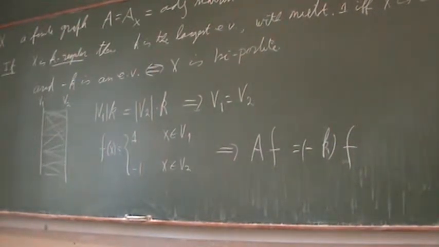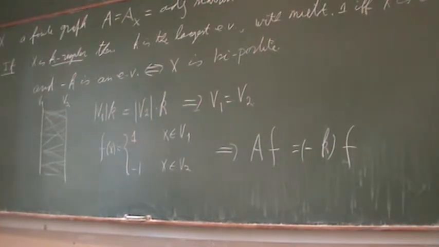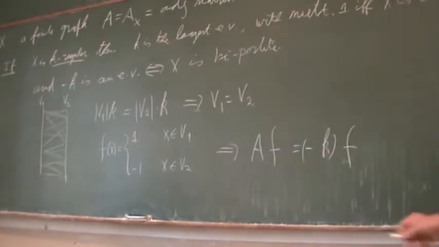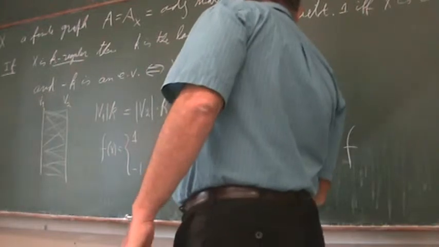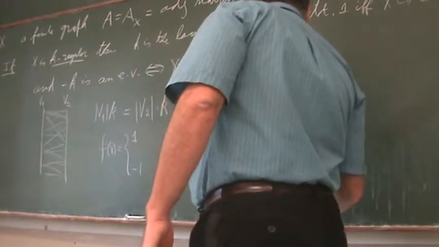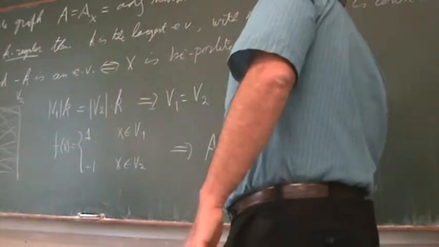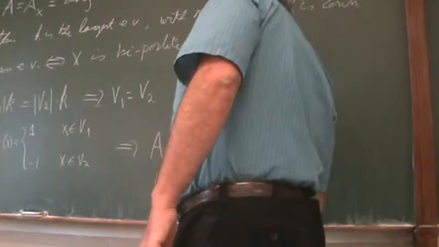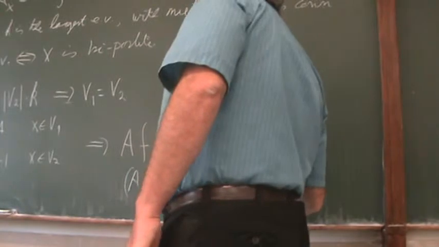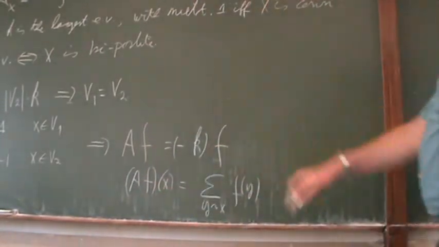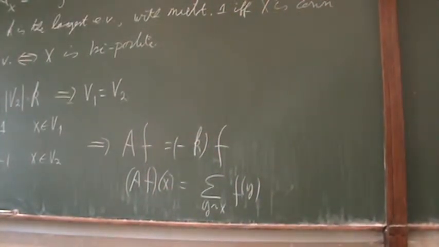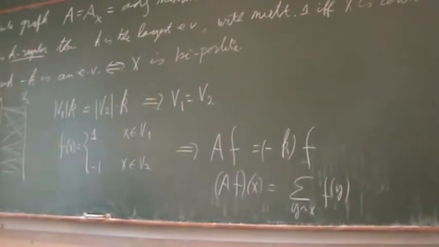The adjacency matrix, the way it acts, that's very important to remember: A of f of x is the sum over all the neighbors y of x of f of y. So in this case, you see that A of f is minus k f.